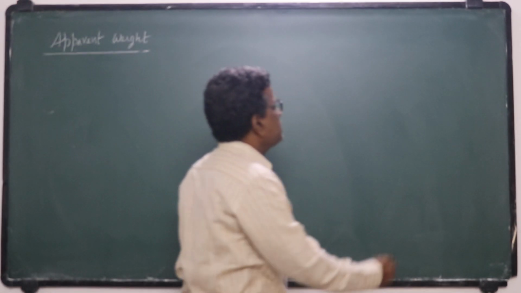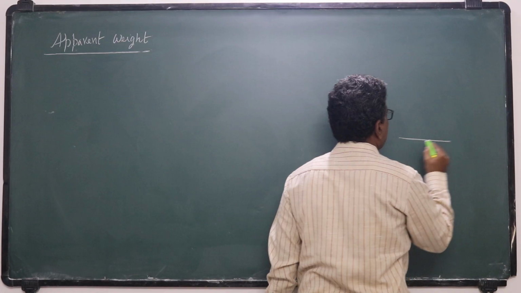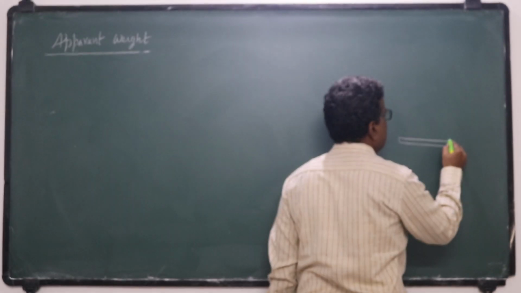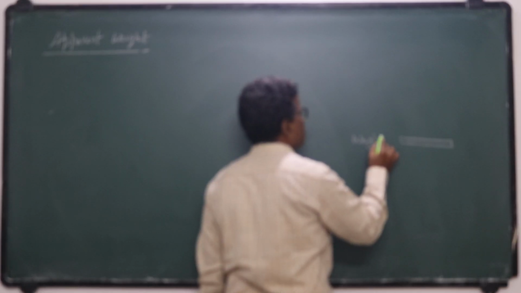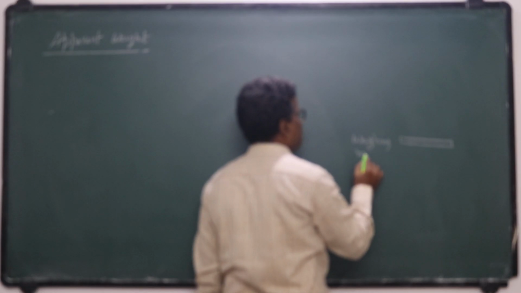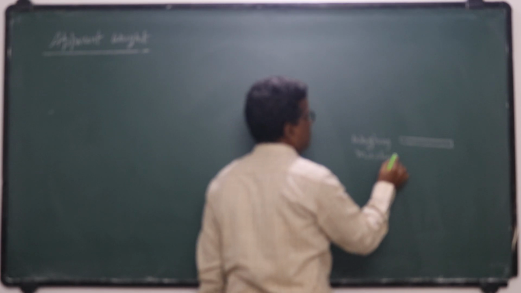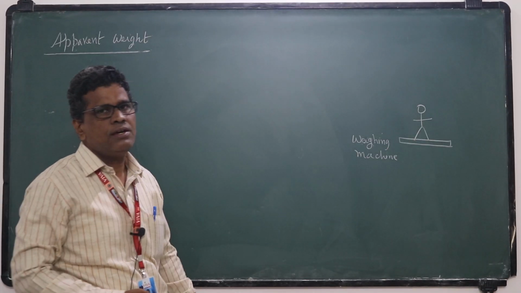Apparent weight of a person, that is when a person is standing on a weighing machine, what it shows is the weight of the person. Suppose a person is standing on this weighing machine, so it shows the true reading of the person.